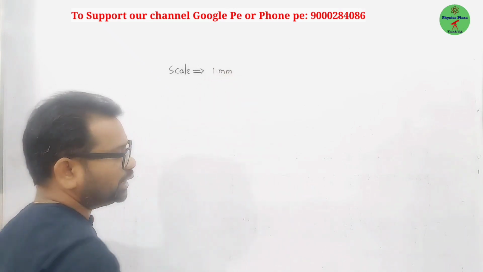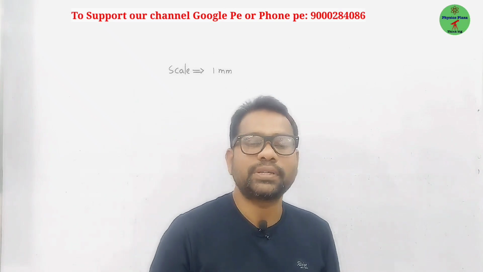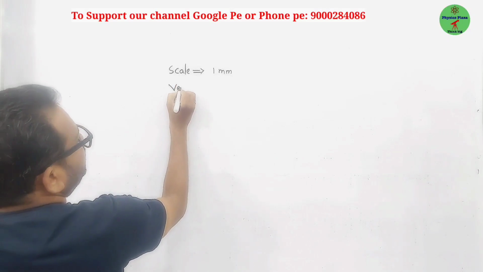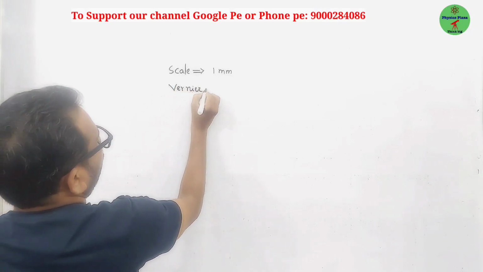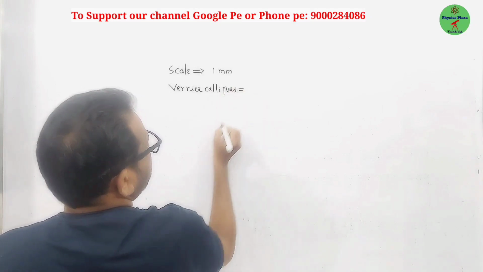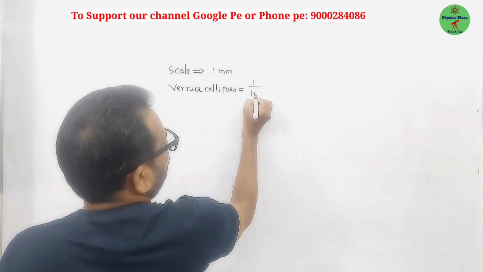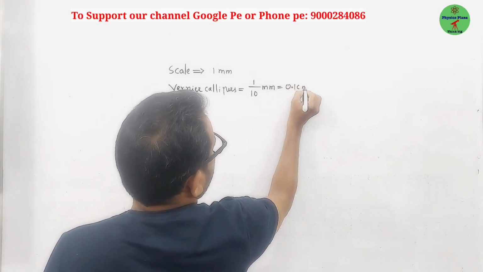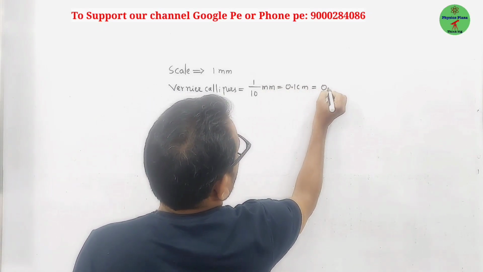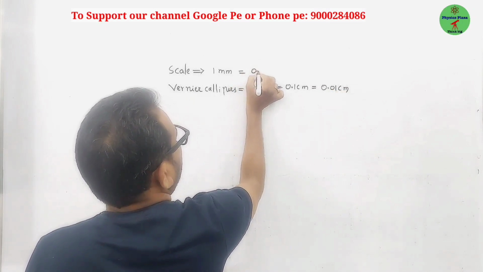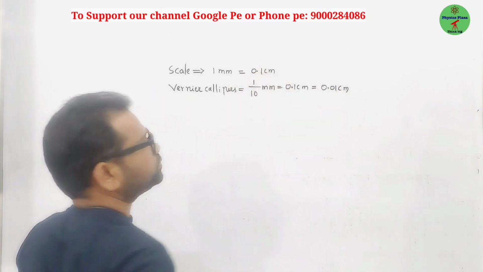But if you want to measure length less than 1 millimeter, is the meter rule or normal scale useful? No. There we can use a vernier calipers. By using a vernier calipers, we can measure length up to 1/10 of a millimeter, that is 0.01 centimeter.